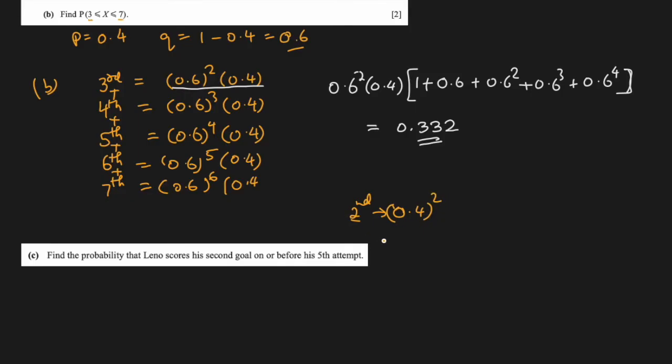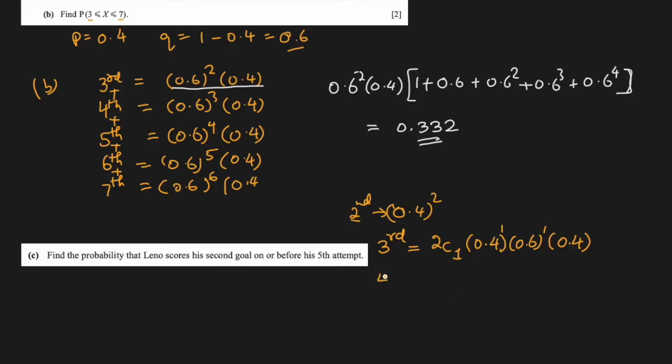Then he gets his second success in the third attempt. That means out of the first 2 attempts he gets 1 success, which is 0.4 multiplied by 0.6, one success and one failure, and then in the third he gets a success again.